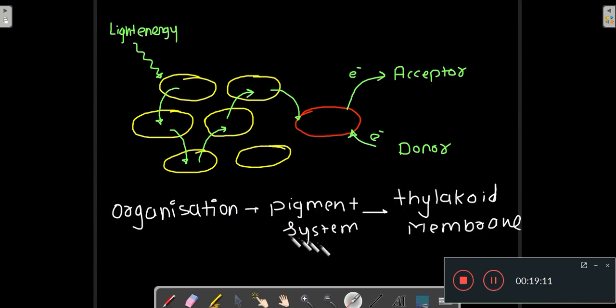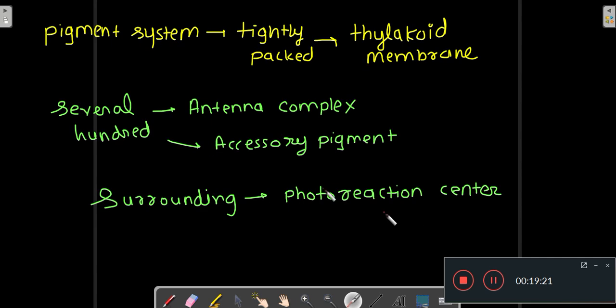So this diagram is showing the organization of the pigment system in the thylakoid membrane. The pigment system which we just saw in the diagram is tightly packed in the thylakoid membrane. The pigment system contains several hundred antenna complexes and accessory pigments which are surrounding the photoreaction center.